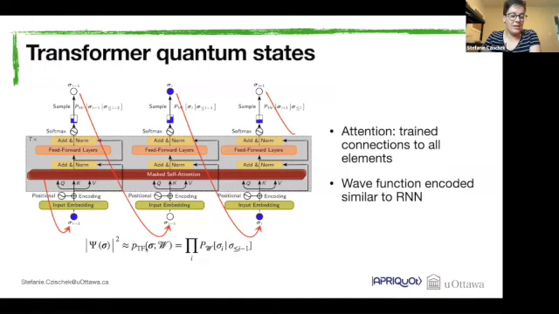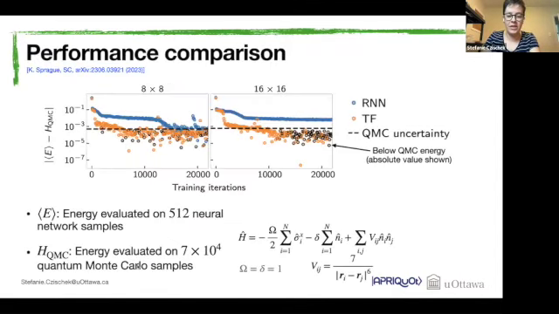With this, we get an expression for the probability distribution encoded in our transformer model. And we can train the model to approximate the squared wave function amplitude of our target state, or in our case, of our ground state. So we again draw samples, evaluate energy expectation values, and minimize the energy expectation value when we train our network.